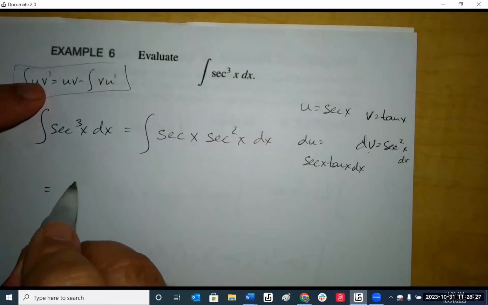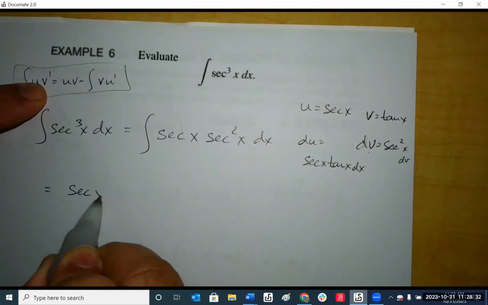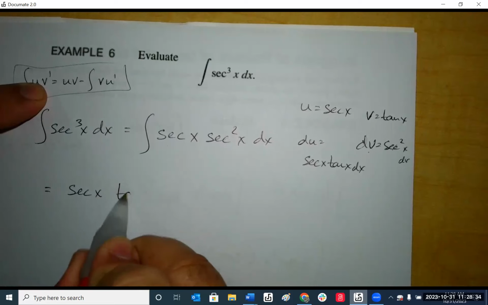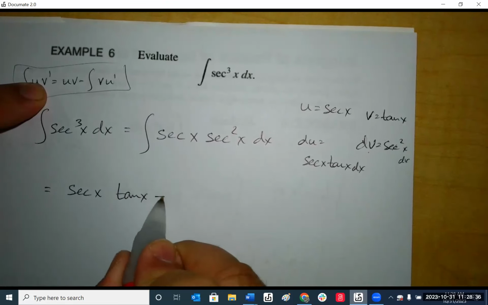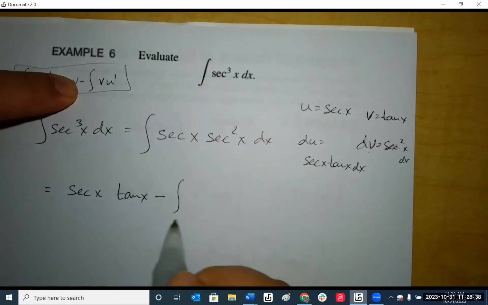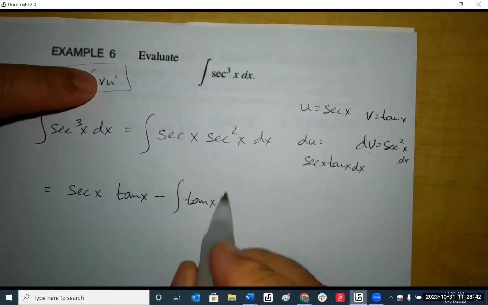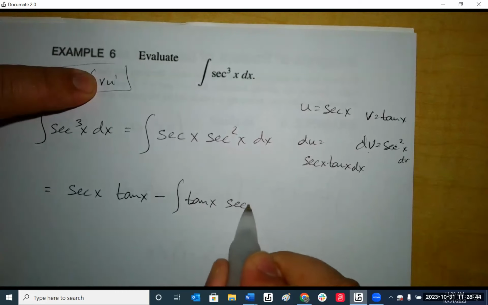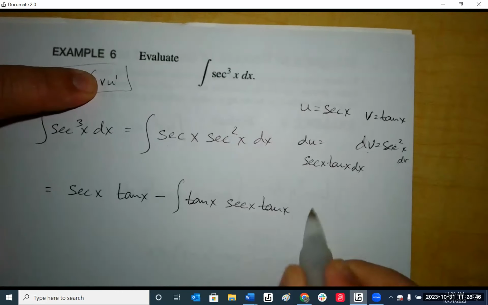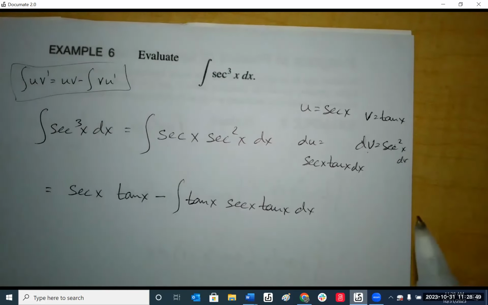So it becomes uv, which is secant x tangent x, minus the integral of v, which is tangent, times u prime, which is secant x tangent x dx.